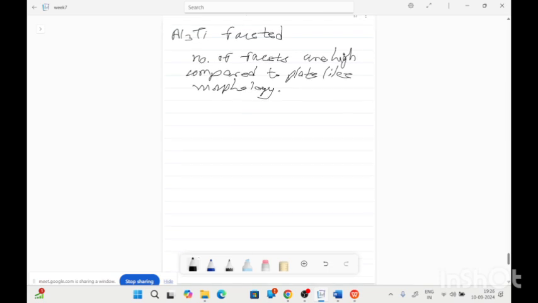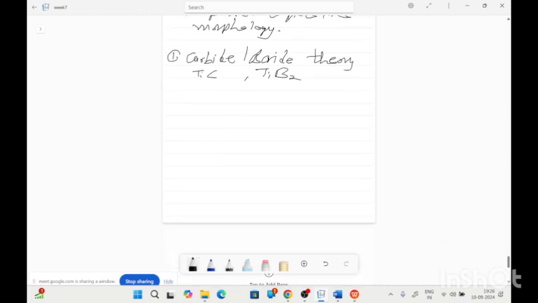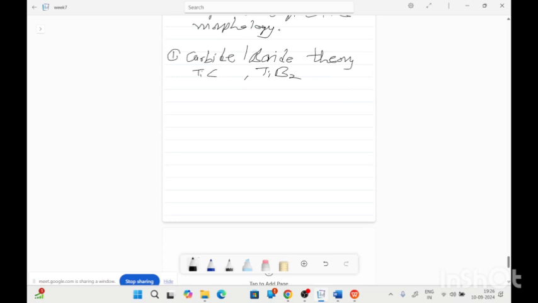So in melt inoculation, two mechanisms work. One is the carbide or boride theory, in which titanium carbide and titanium boride form.